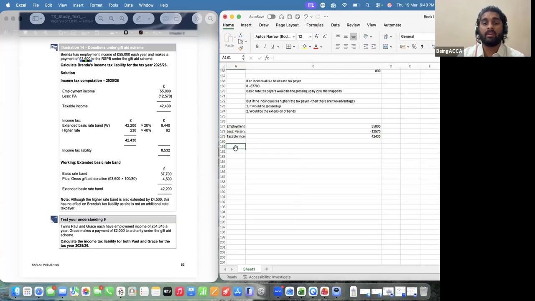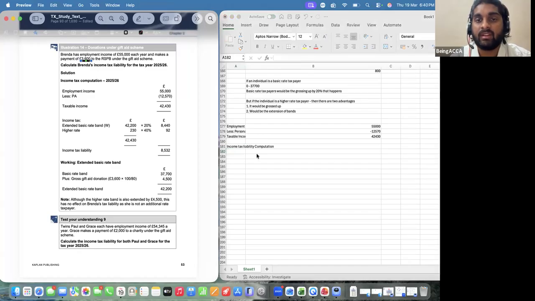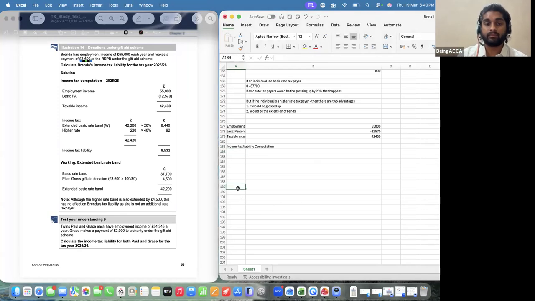So now what will happen? Income tax liability computation. There is a donation of 3,600, which means your basic rate band and higher rate band will extend. How much will they extend by? We'll calculate the working.